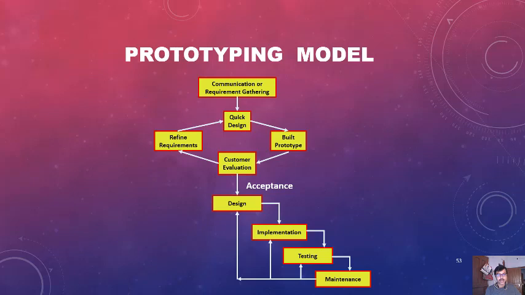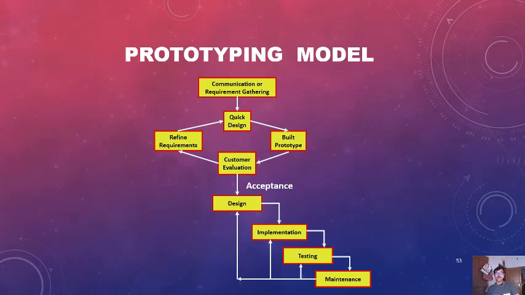When the prototype is built, the customer evaluates it. If the customer refines some requirements, then you design it again and build the prototype again, and this process goes on in a circle, iteratively, until the customer accepts your prototype. When the customer accepts your prototype, that means you have gathered all the requirements from your customer.